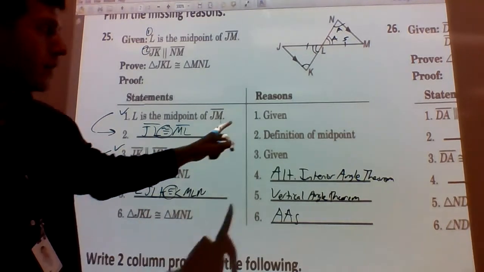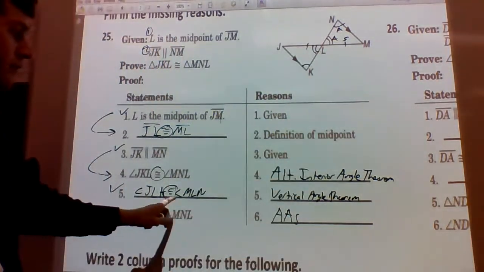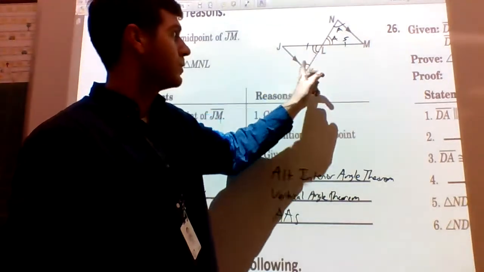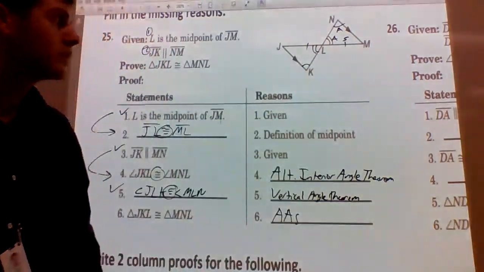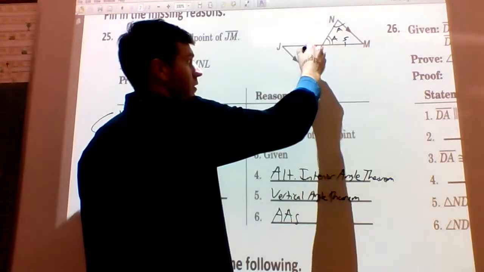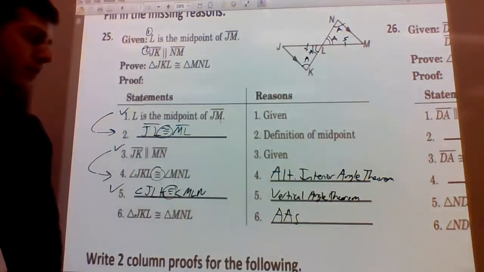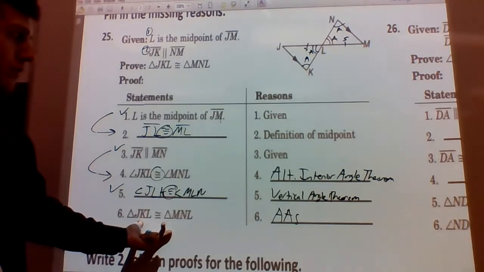Our second pair of congruent angles is angle JLK and angle MLN. So 2 pairs of congruent angles and then the non-included side. So JL is congruent to ML. It's not between them, so it's the non-included side. So we have angle, angle, side. If we have those conditions, then the triangles are congruent.